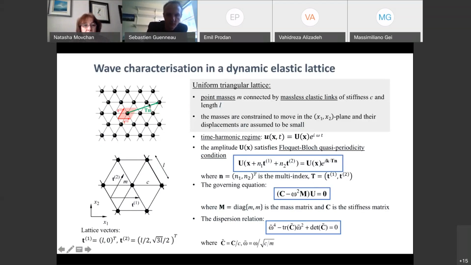We assume that the stiffness of these links is C, and they have specific lengths, which we will call L. We will assume that these masses are constrained to move in the x1, x2 plane, and their displacements will be assumed to be small, so as to be able to use the linear elasticity setting.